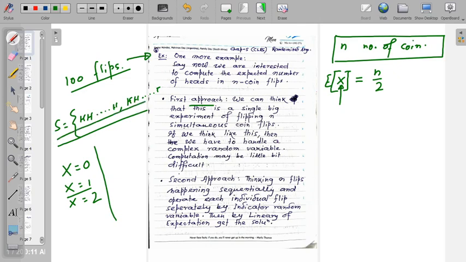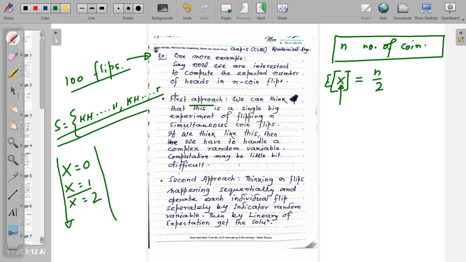First of all, we have to have this sample space, which is absolutely cumbersome to tackle. If I am thinking of 100 flips simultaneously and looking for the number of heads, then as we did in the two coin flips experiment, similarly we can do it for 100 flips, but that is quite annoying.